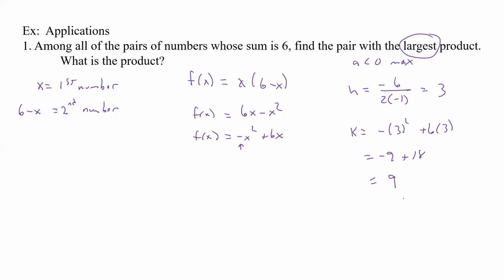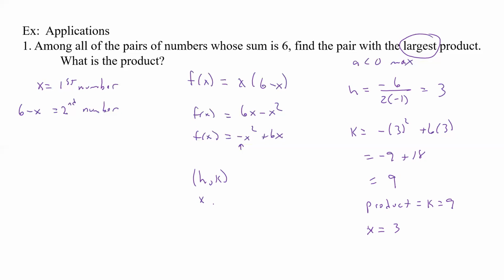Well, that tells me that the product is going to be 9, because that's what k is, and that x is going to be our 3, because we know that it's h comma k.